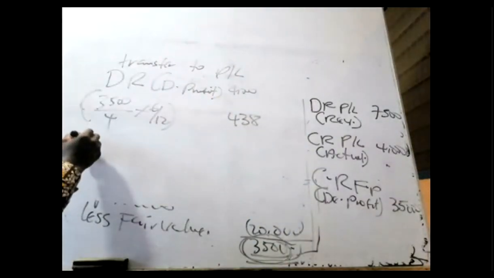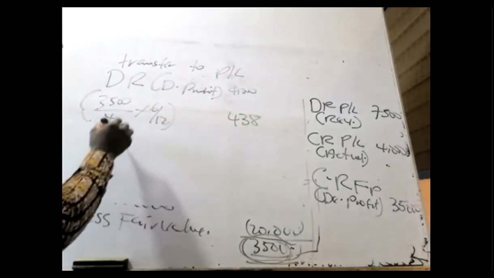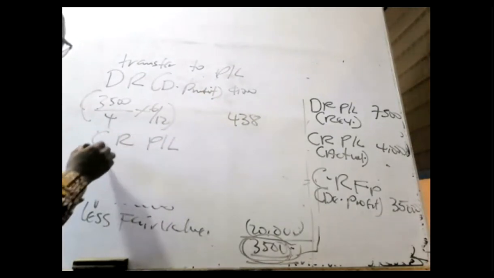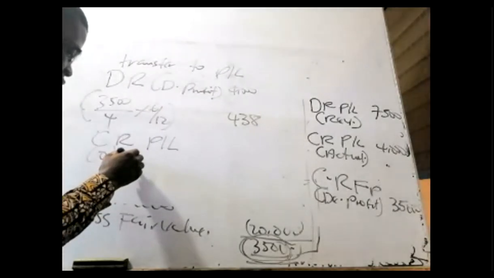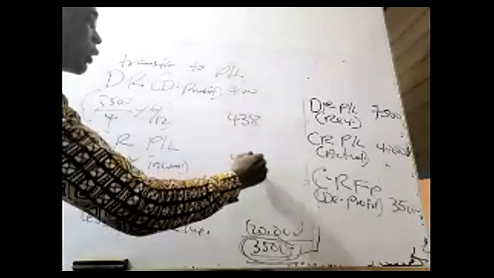And again, credit your P&L. In the P&L section, it goes to other income. The same 438. That is all.